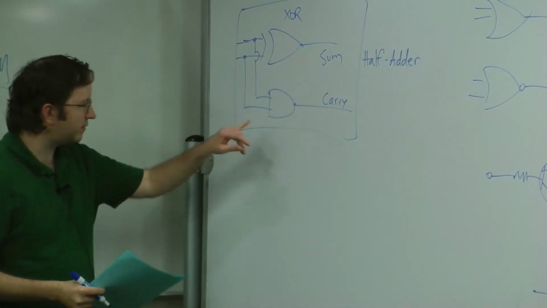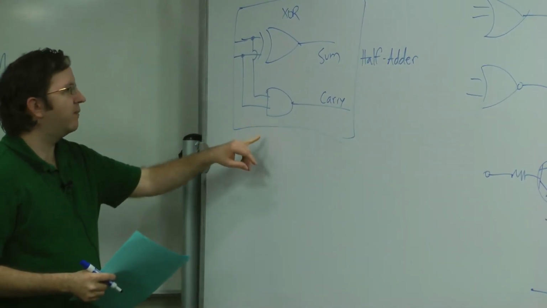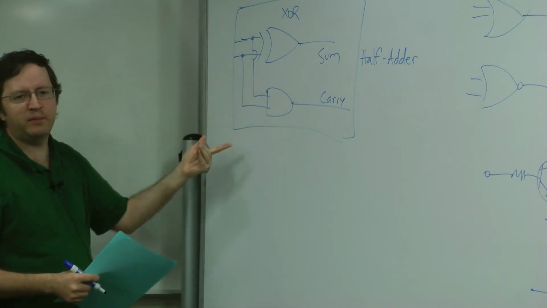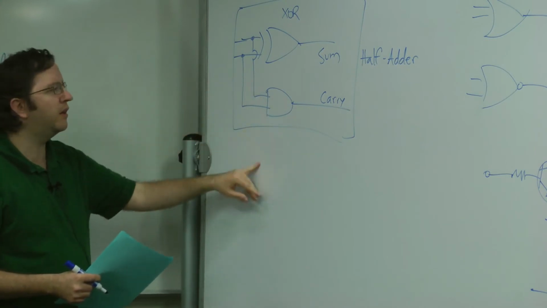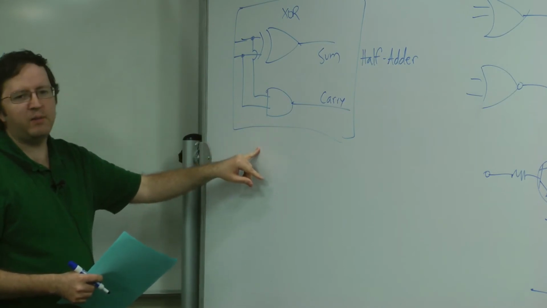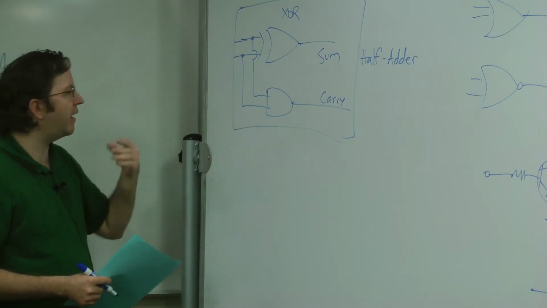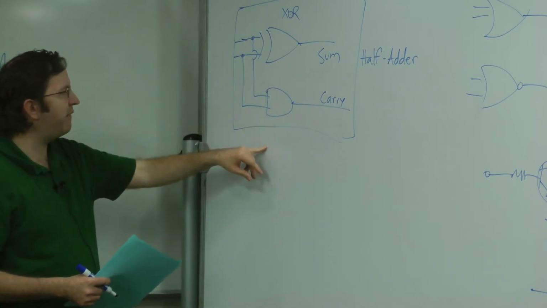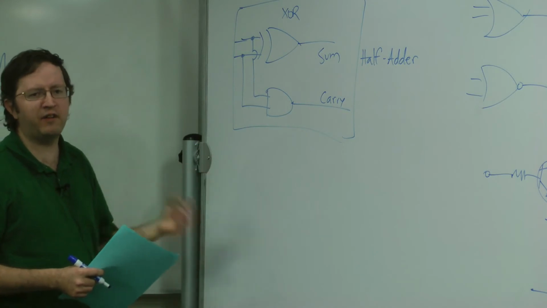It can only handle 2 bits. If you wanted to be able to handle a carry from a previous addition, you'd have to add another half adder to make a full adder.